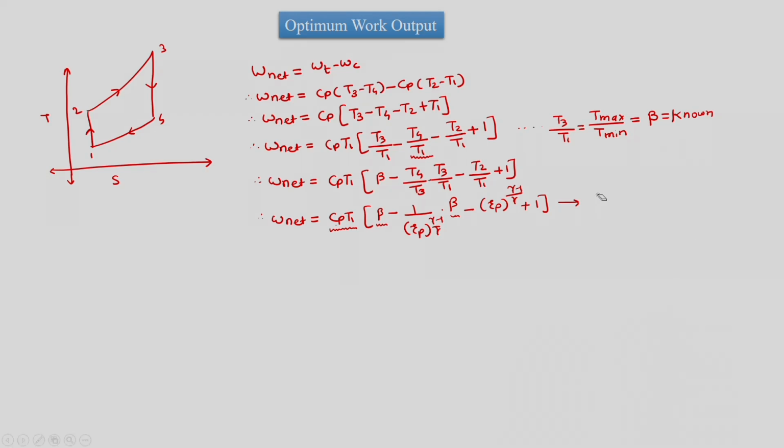So it has dependence on pressure ratio. For optimization, let us differentiate the expression, d by dRp of W net, and equate it to 0, such that we will get the maximum net work condition, or the value of Rp for which W net will be maximum.